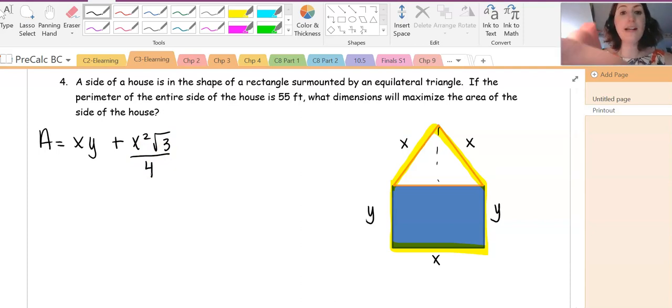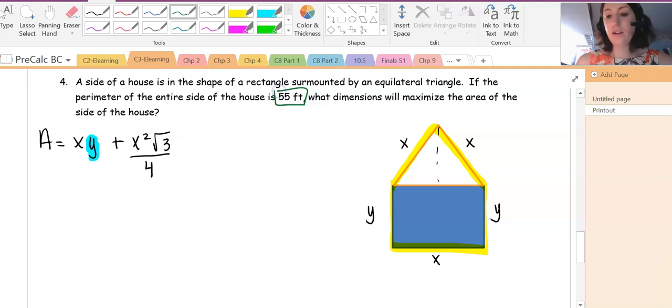Now, the issue right now is that we have both x's and y's in it. Since there are already two x's, I'm going to suggest we get rid of y. Okay, it seems like it'll be easier to type into our calculator. That's where your perimeter formula comes in, because your perimeter allows you to show a relationship between x and y. Okay? So perimeter is 55. How else do we represent that?